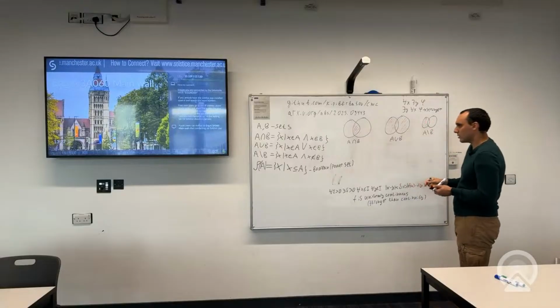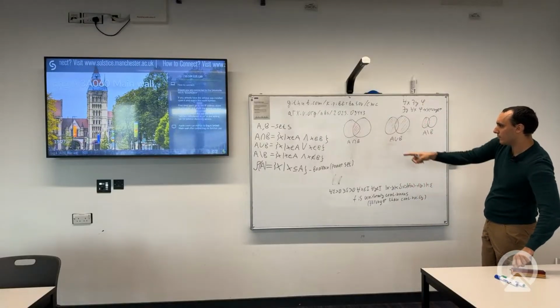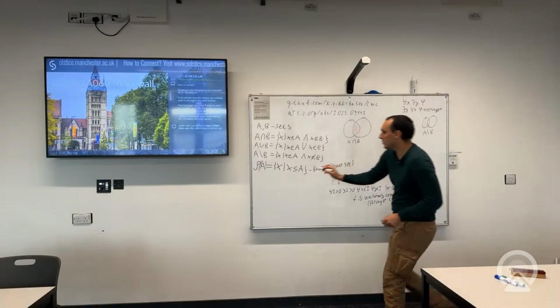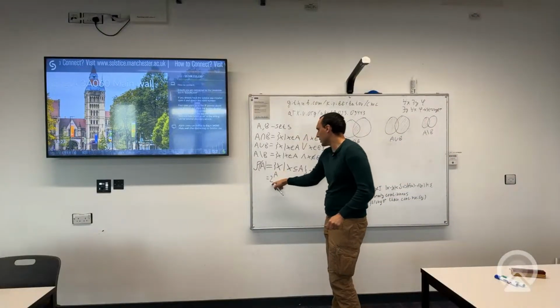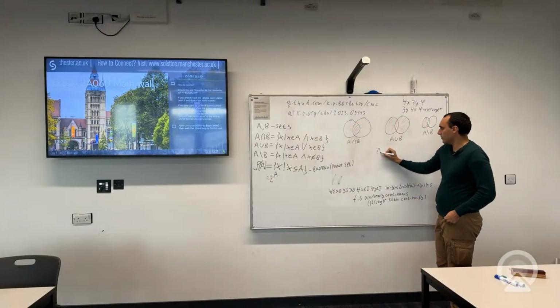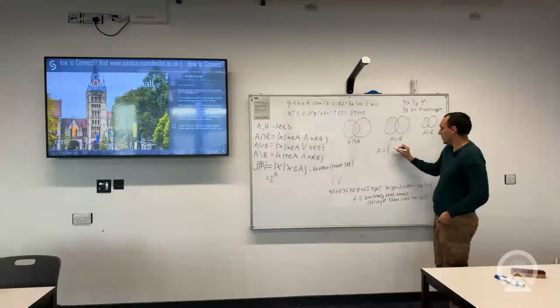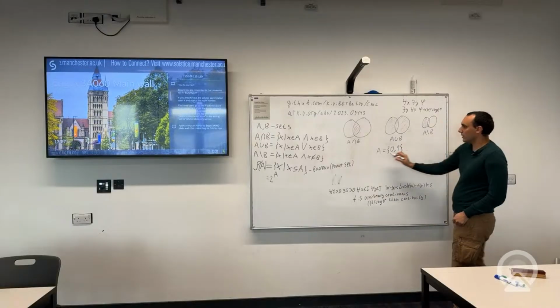It's called the power set because it has 2 to the power of n elements. Why is that? Well, if you have, for example, a set with two elements, what are the subsets of A?